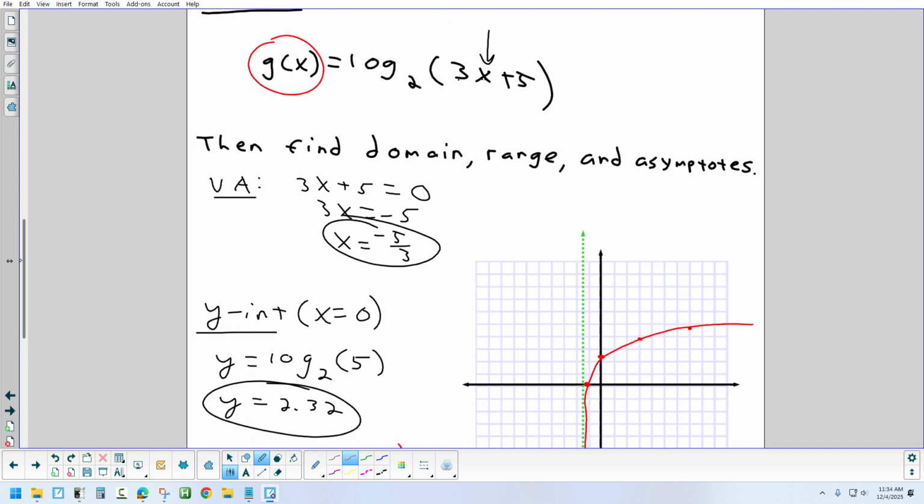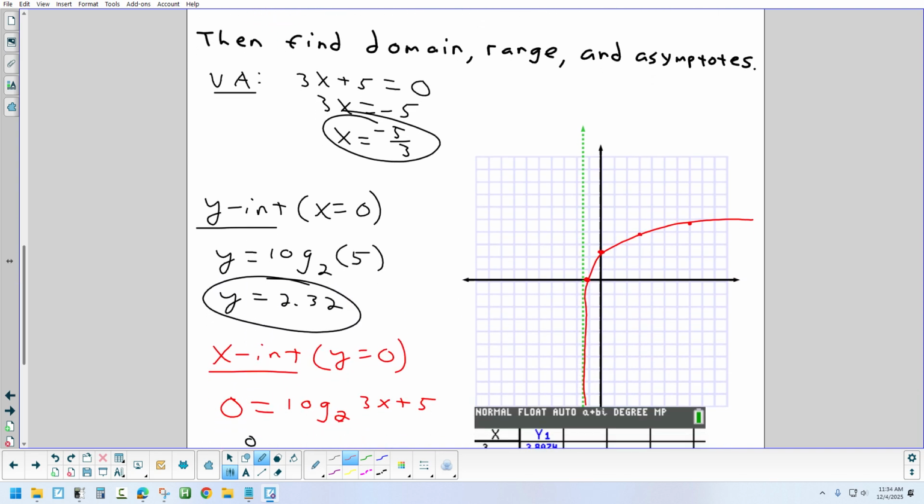And now they want the domain and range. We already have the asymptote, so that's done. What's the domain here? Can you give me the number you're thinking of as an exact answer?